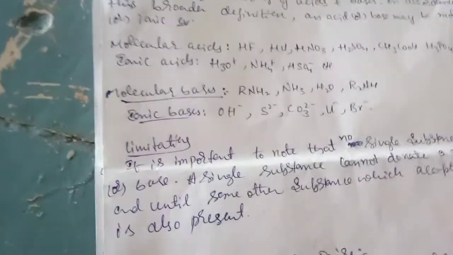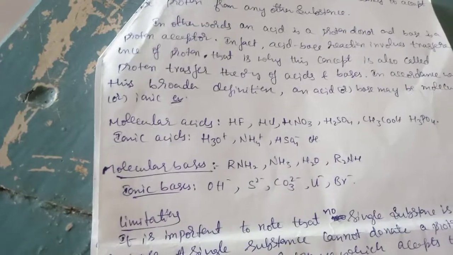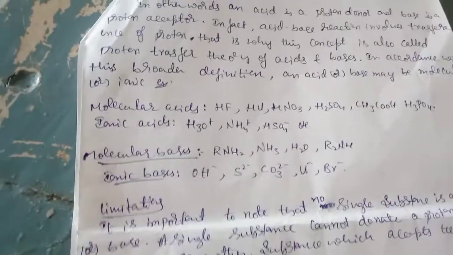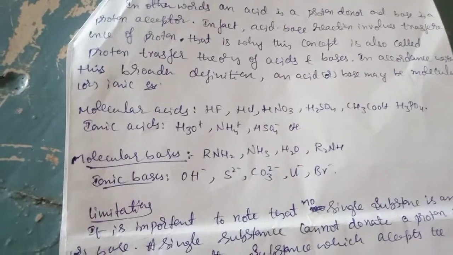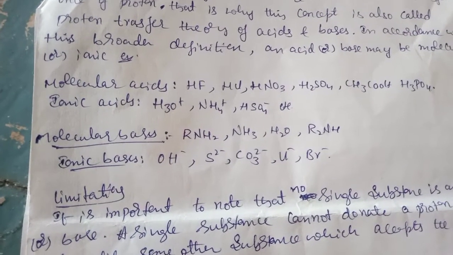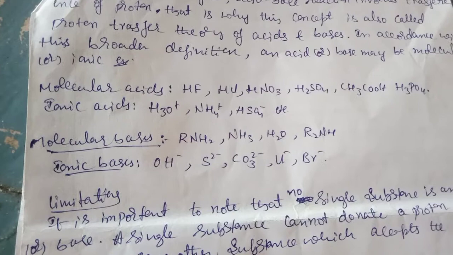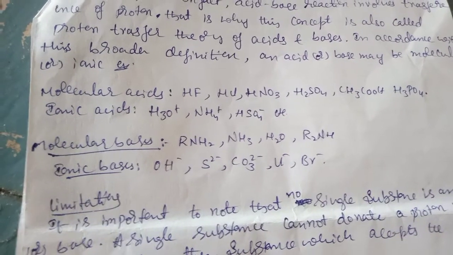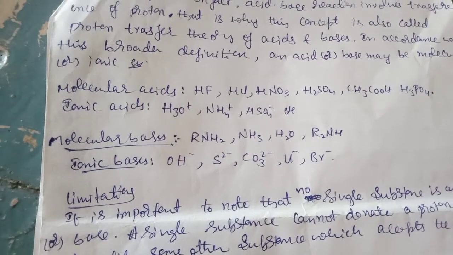In other words, some molecular acids that we take as examples act as Bronsted-Lowry acids. Some molecular acids: HF, HCl, HNO3, H2SO4, CH3COOH, H3PO4, phosphoric acid. These are the molecular acids.